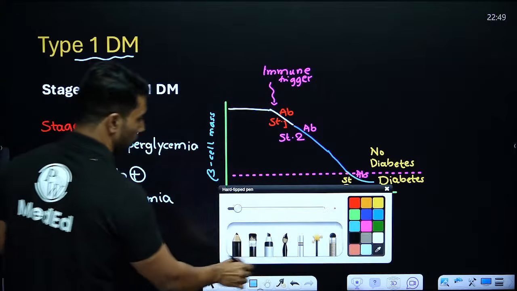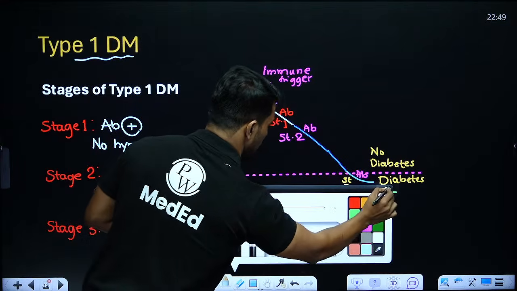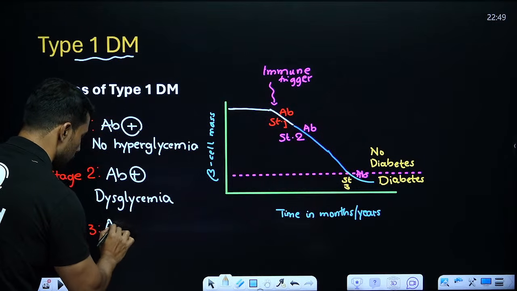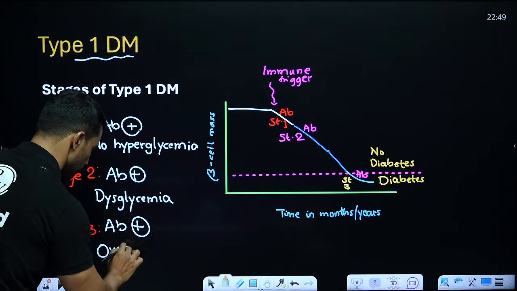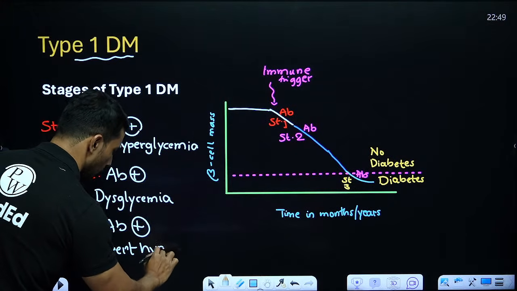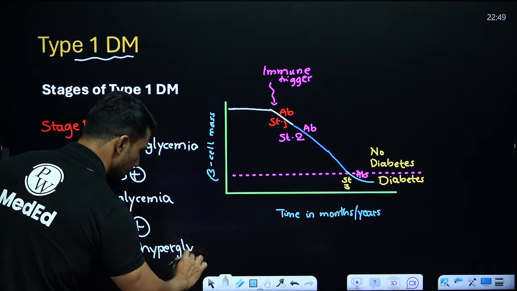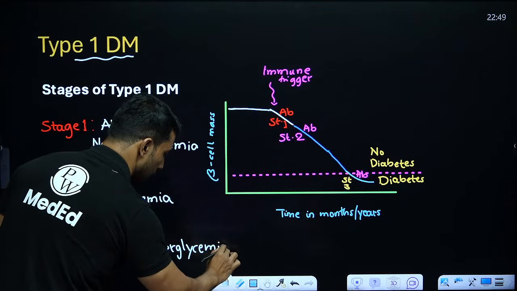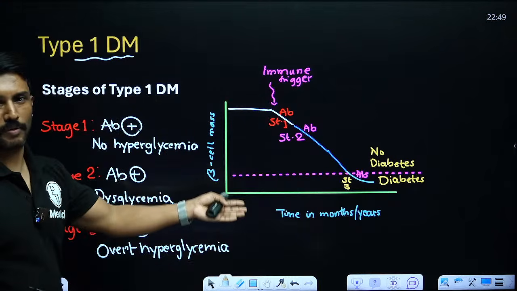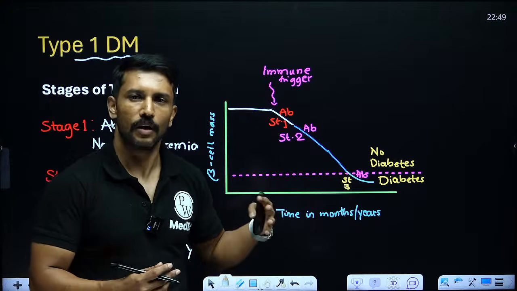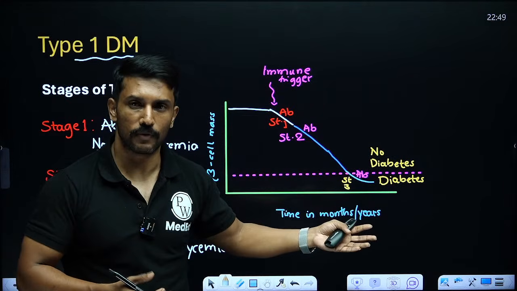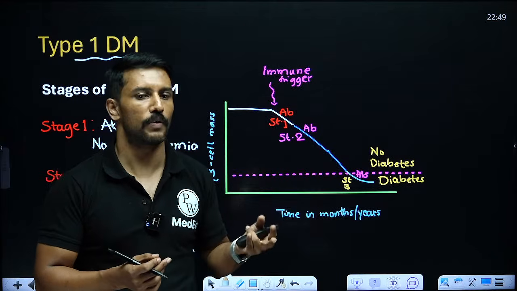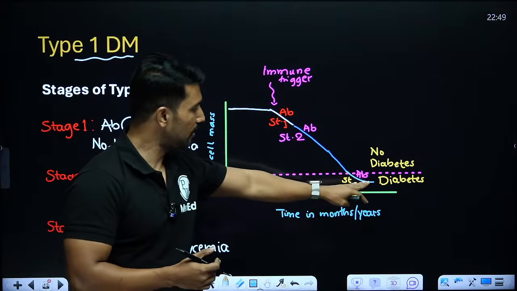So in stage 3, antibodies will be there and I will have overt diabetes. Now the blood glucose levels will be in the range where you can comfortably diagnose it as diabetes. Fasting may be more than or equal to 126, or postprandial oral glucose tolerance test values more than or equal to 200, or HbA1c more than or equal to 6.5. I will reach stage 3.